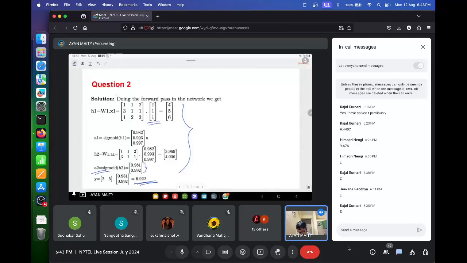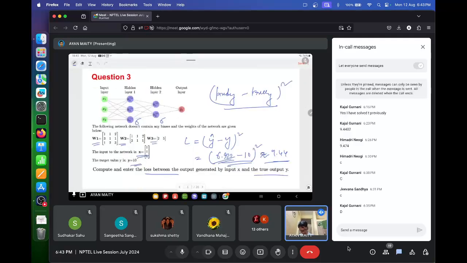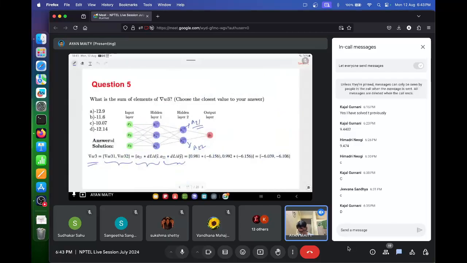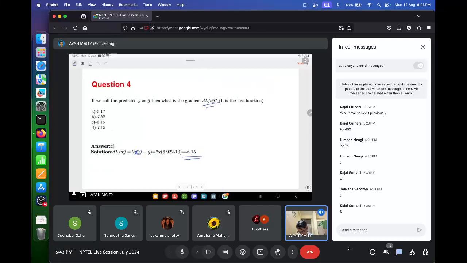So this is A21, this is A22. We had already computed these two activation values, and this is the gradient of the loss with respect to Y hat, which we computed in the last question.